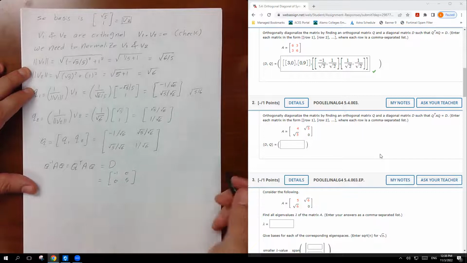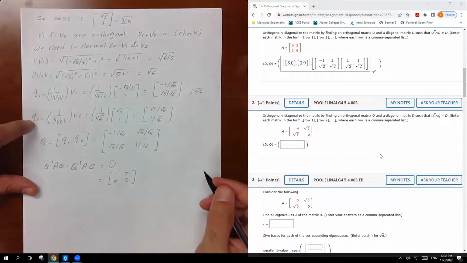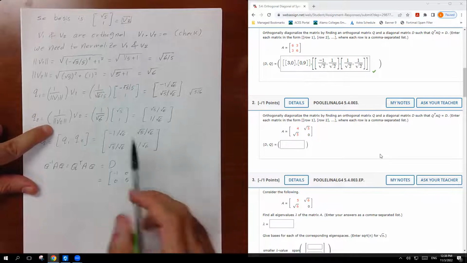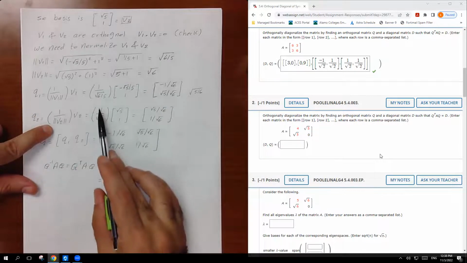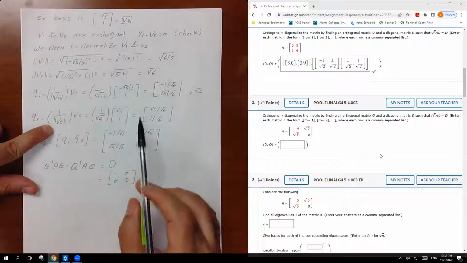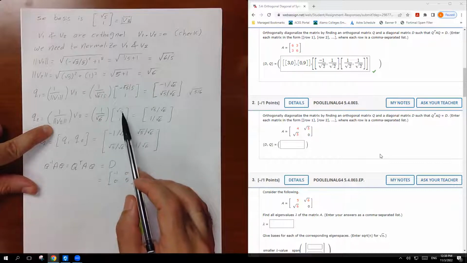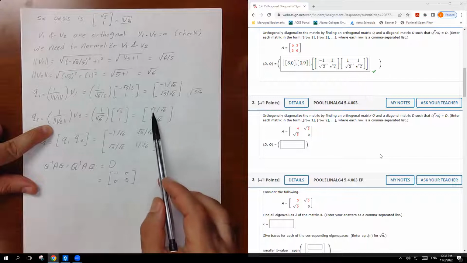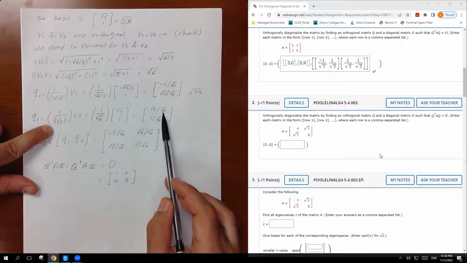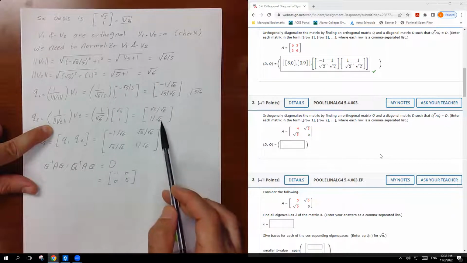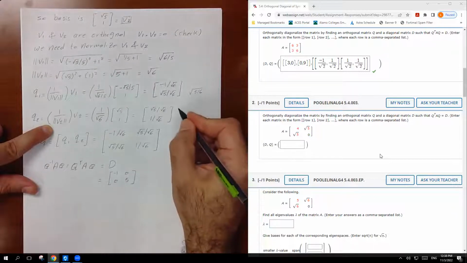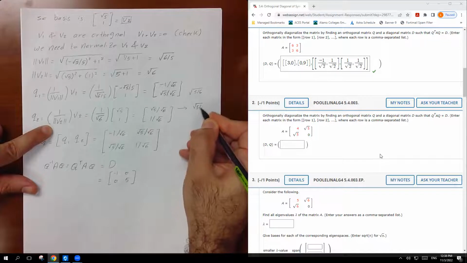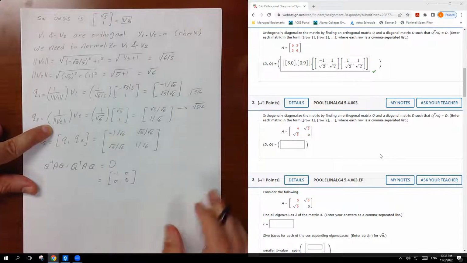Both are right. Q2 is going to be 1 over the length of v2 times v2. So it's going to be 1 over square root of 6 times v2, which is square root of 5 and 1. Multiply, so it's going to be square root of 5 over square root of 6, and here is 1 over square root of 6. The same thing here, you can type it as square root of 5 over 6.